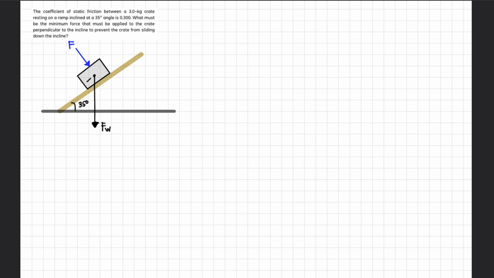So we have the component of the weight that is parallel to the ramp, which is Fw sine of 35 degrees. And we have the component of the weight that is perpendicular to the ramp. That's Fw cosine of 35 degrees. Why? Because this is 35 degrees here.